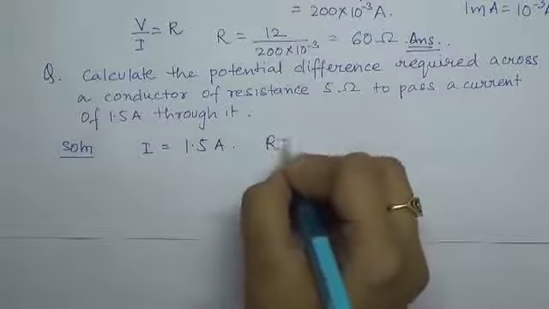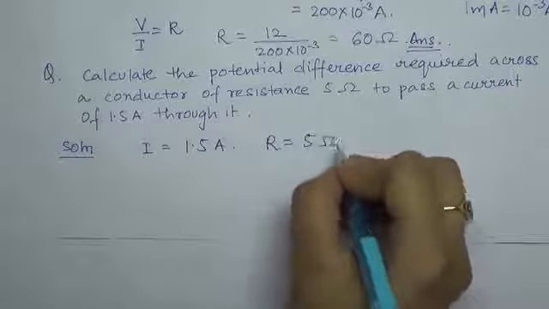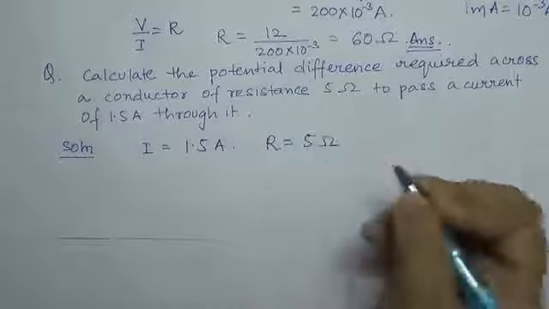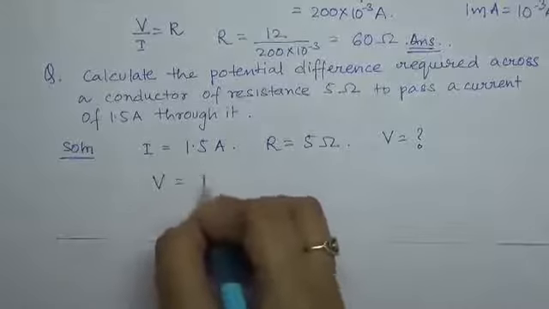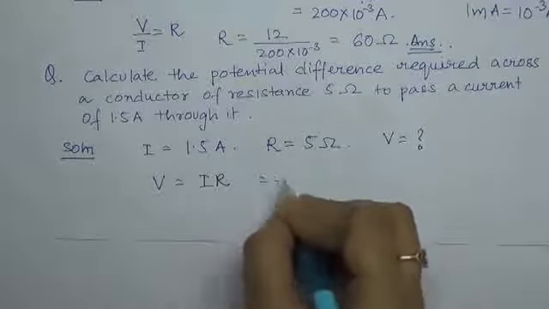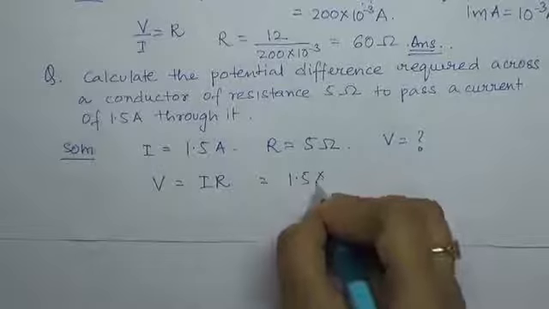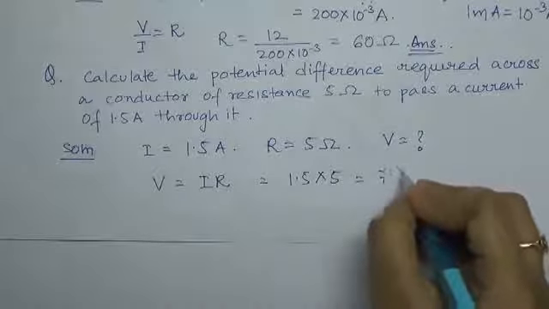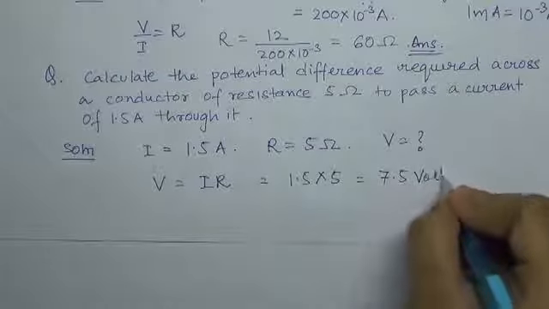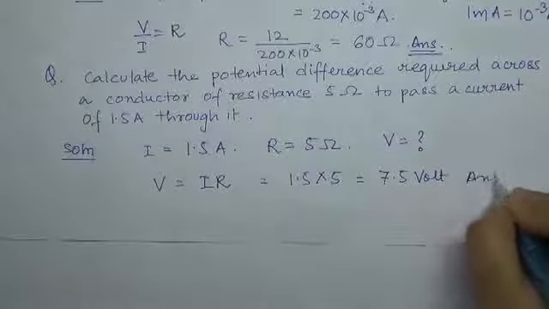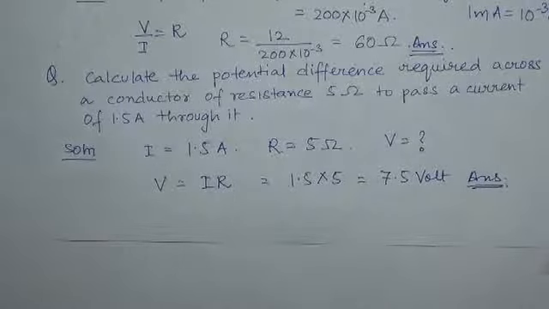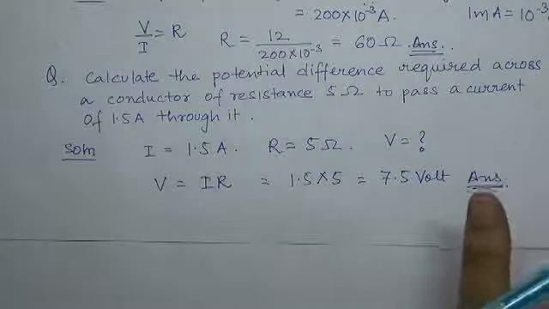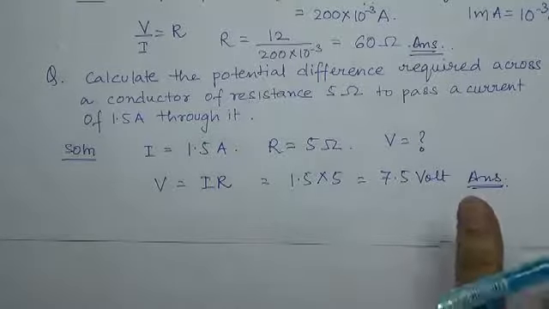We have been provided with the value of resistance, that is 5 ohm, and we need to find V. According to Ohm's law, V is equal to I into R. That means 1.5 into 5, which is equal to 7.5 volts. That is my answer. So these are a few types of sums which we can get from Ohm's law.